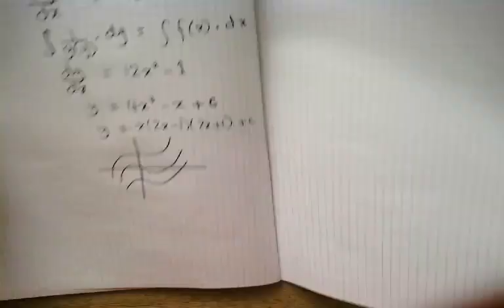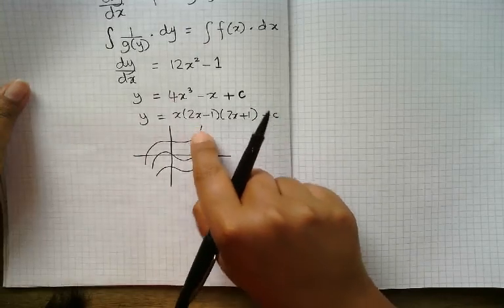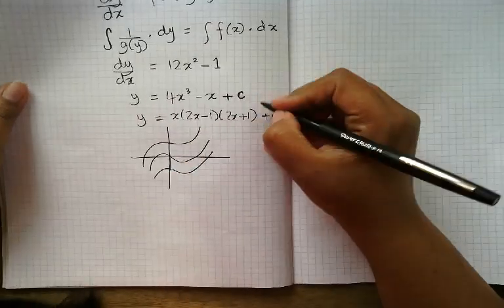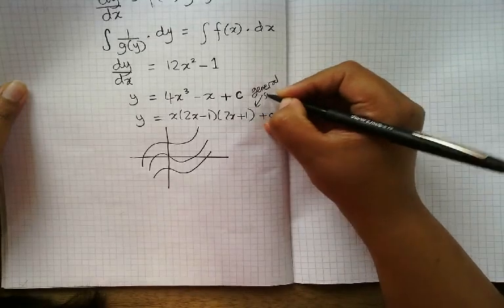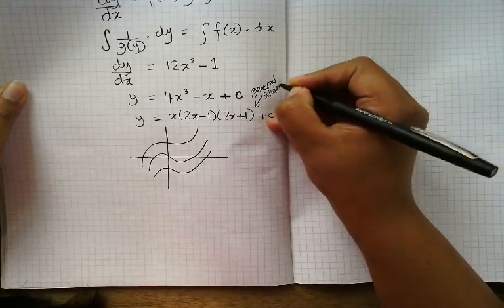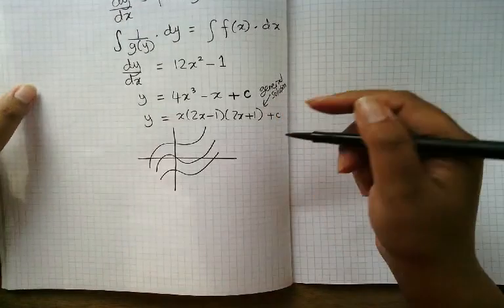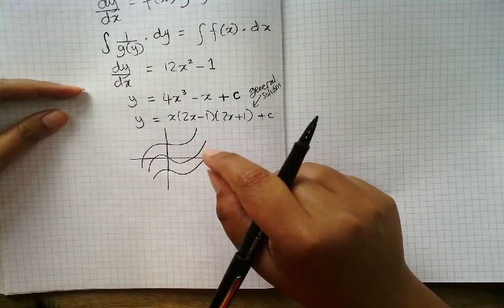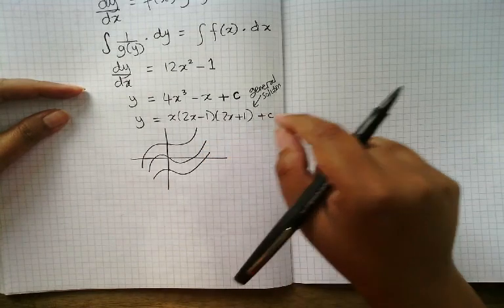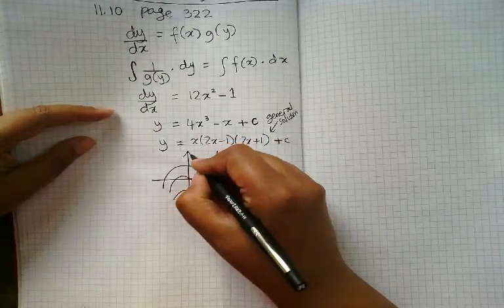Each of these different constants would then give a particular solution. Now this is something that's called a general solution, and it's called a general solution because we haven't calculated c yet, but there is a way of calculating c. Obviously, if you have values of x and corresponding values of y, you can calculate what your constant will be, and that will give you a particular solution.